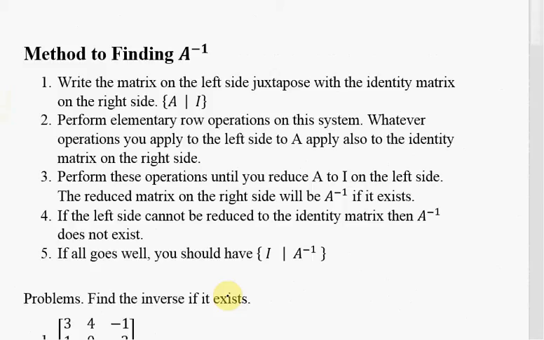If you can reduce A on the left side to the identity, then what you have left on the right side will be A inverse. Like I said, if all goes well, you should have this. Now, it should have been a number 6 there. I should have said for number 6, check A inverse times A to make sure that equals the identity matrix. That's the way you can check to make sure that you got the right thing.